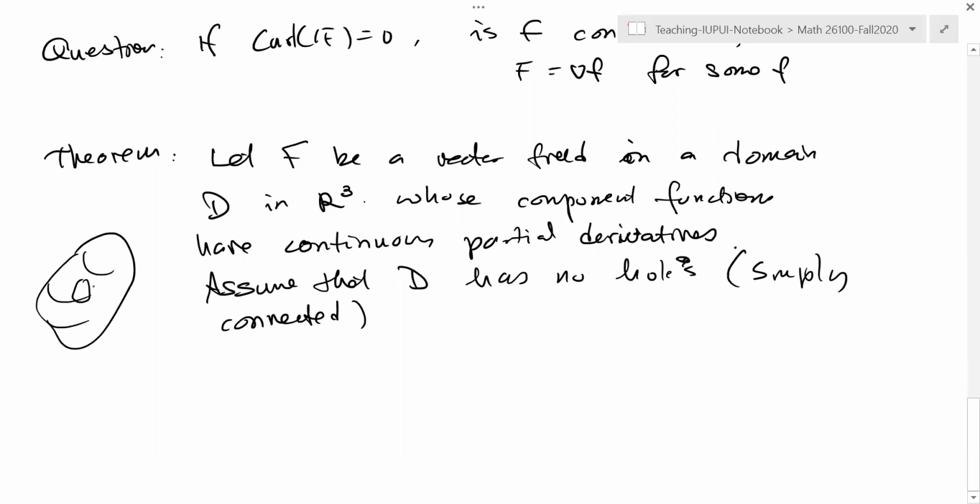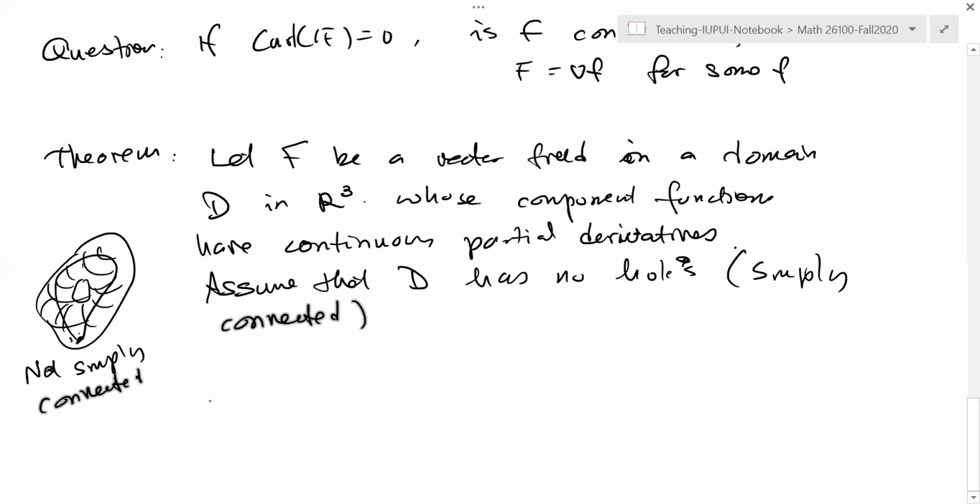And this is not simply connected, if there is a hole here. The reason is, if you put the points here and have a loop, you cannot shrink this loop to a point. Imagine a donut.